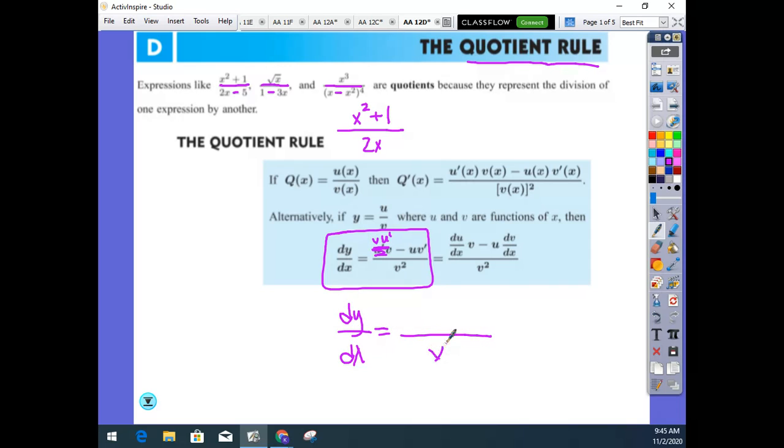Because I always square the bottom first, then whatever is on the bottom, I put on the top, times U prime, and then U V prime. Because I always start with the bottom, and then whatever is on the bottom, I move that to the top first.